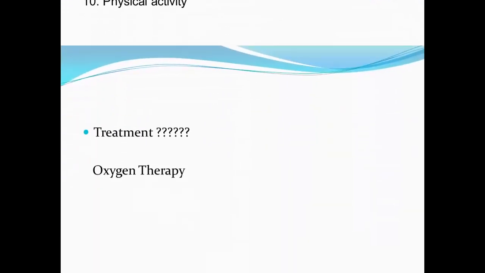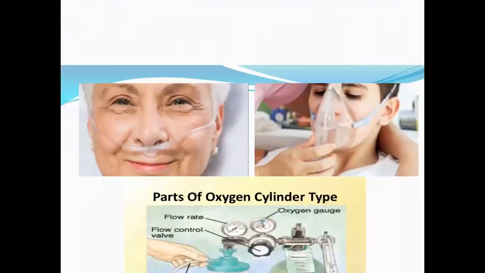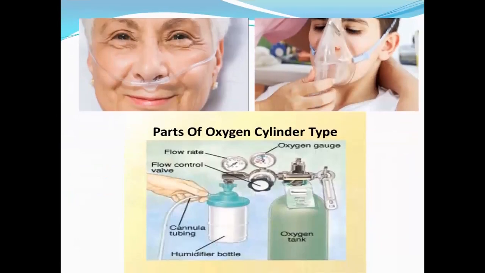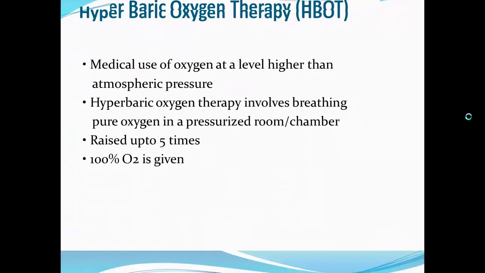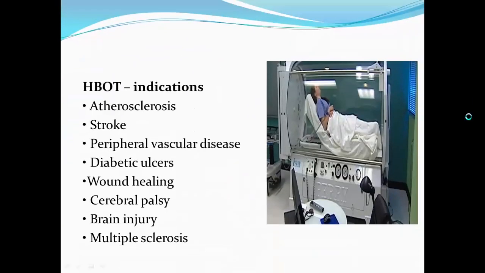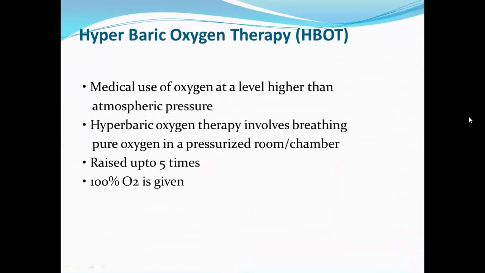Now, how can you treat it? The treatment for hypoxia is, of course, oxygen therapy, and these are the types of oxygen delivery which are given. This is from nasal prongs, this is a mask, and this is the cylinder. You also have hyperbaric oxygen therapy. Here, oxygen is given at a higher level of atmospheric pressure.